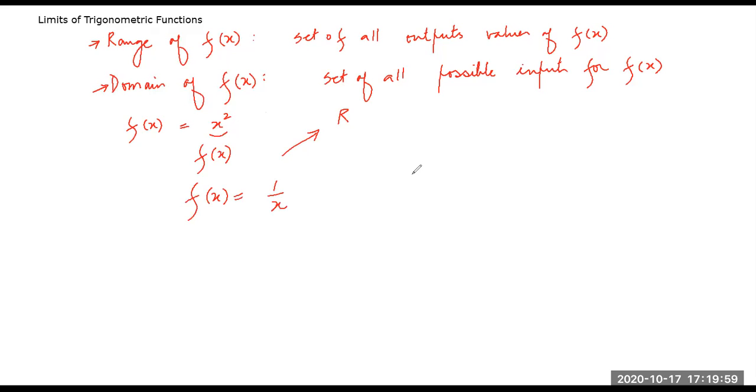In this case, what can be the domain of the function? So one domain of the function could be set of all possible real numbers, but except x is equal to, yes, can you guess, Ishma? 0.